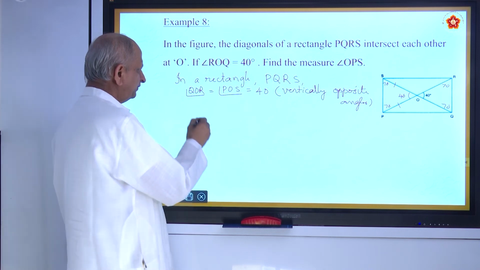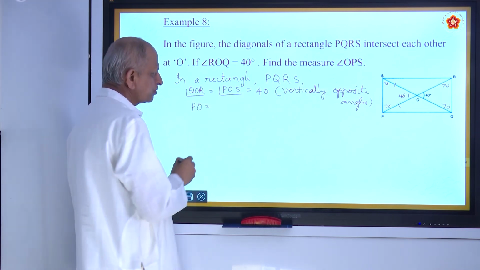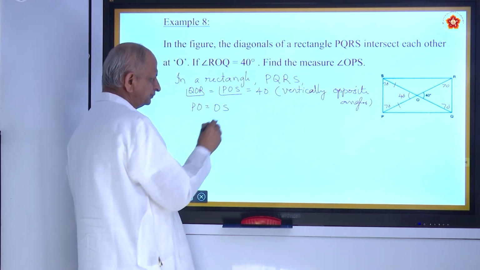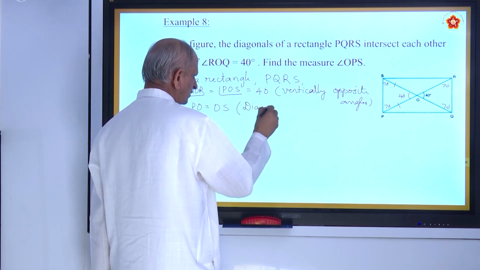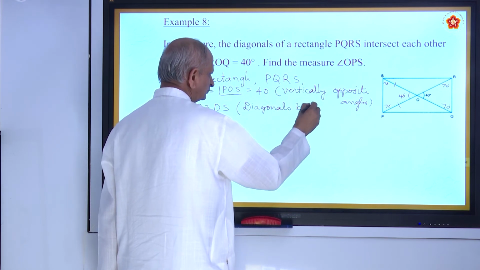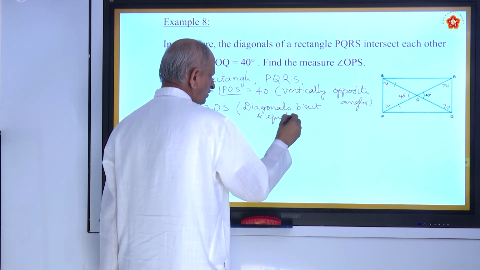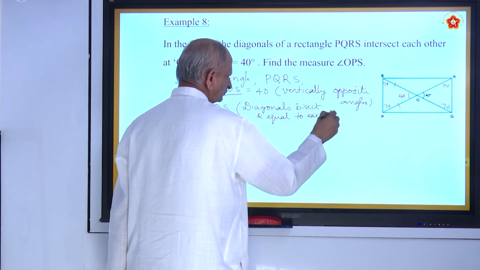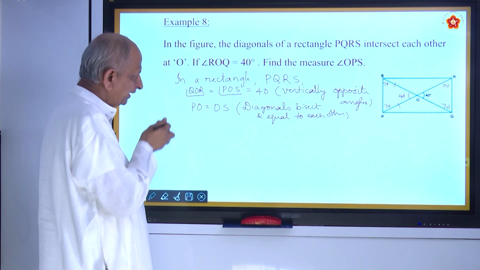Now we know that, therefore you can write PO is equal to OS because diagonals bisect each other. Equal to each other. So PO is equal to OS.